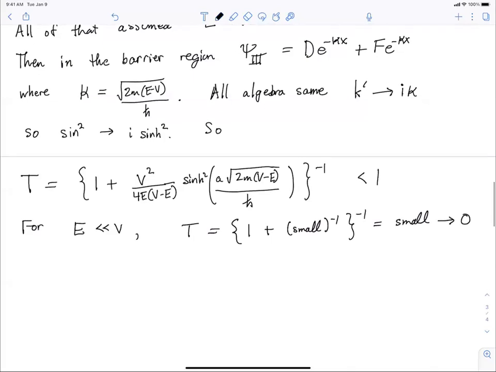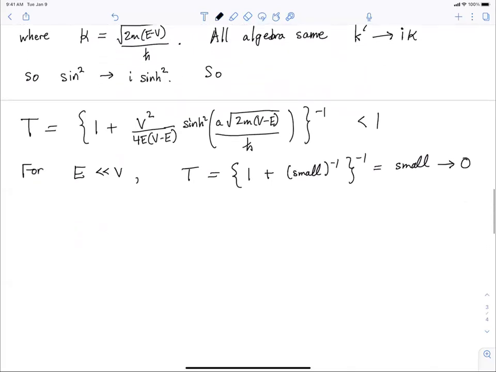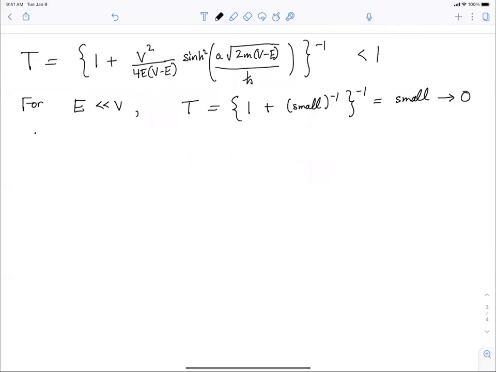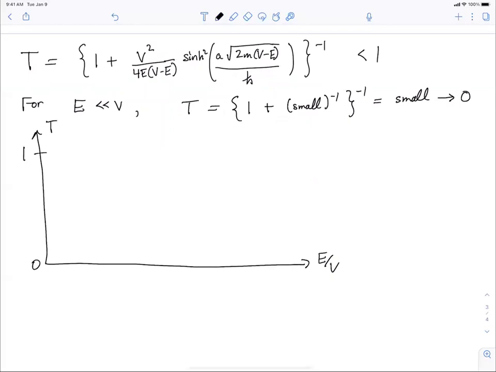All right, so now we can put back all those subcases and draw a picture of what the transmission coefficient will look like as a function of E over V. So this is the transmission coefficient. Of course, it has to be between 0 and 1. What we just worked out is that for very small E, it's very small. Let me put 1 here.